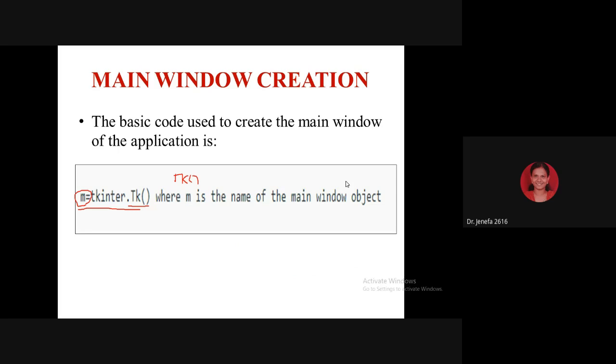The first is to create an object for the main window, m equal to tkinter.Tk. You can also give some other name instead of m. So this is how we create an object for the main window.